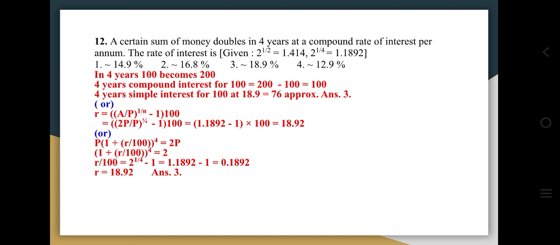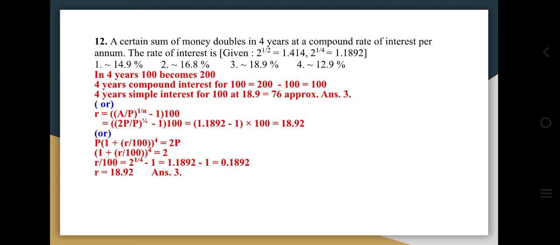We calculate first. If you assume 100 is the principal amount, in 4 years the amount doubles. So in 4 years 100 becomes 200. So what is the 4 years compound interest for 100? It is 200 minus 100, that is 100.